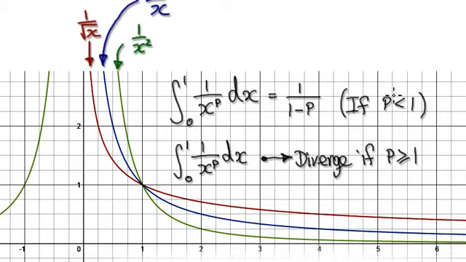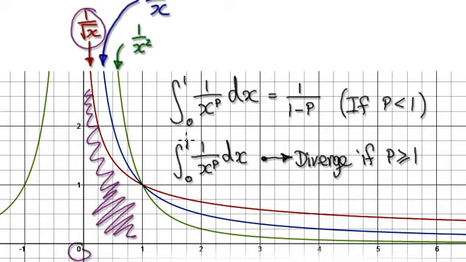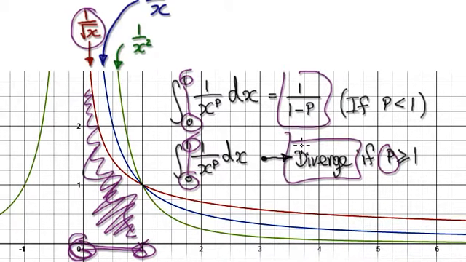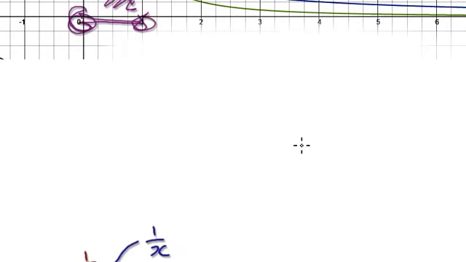But in the case of p being strictly less than 1, this area here will actually converge to this. And we've seen this in the past.